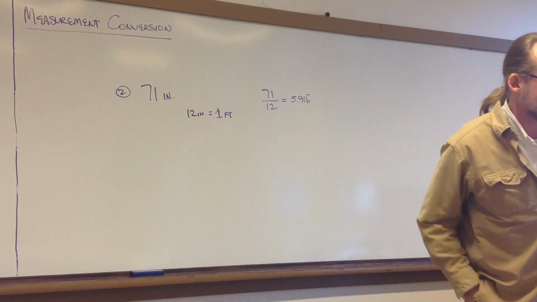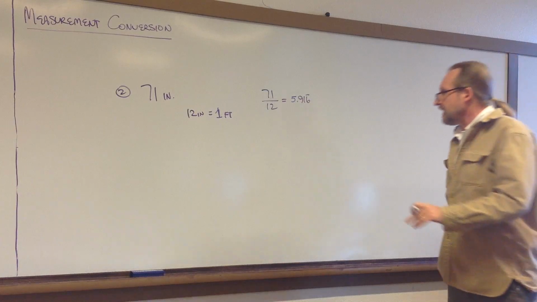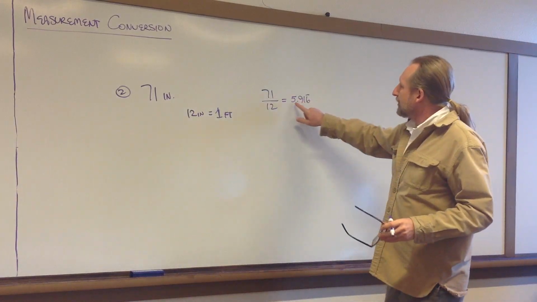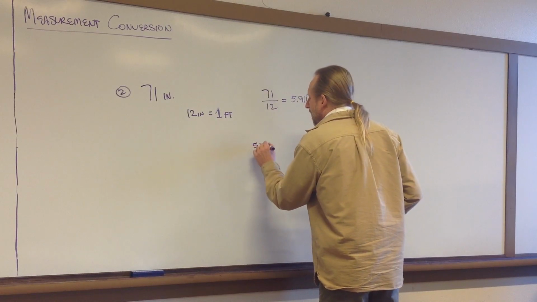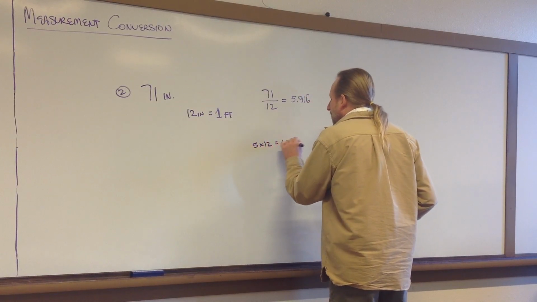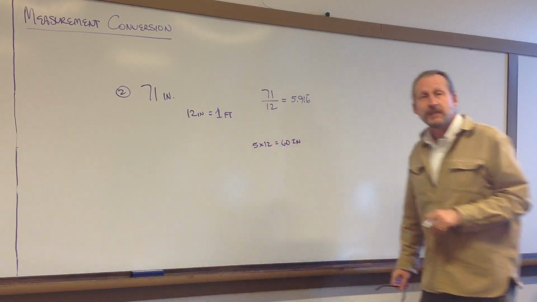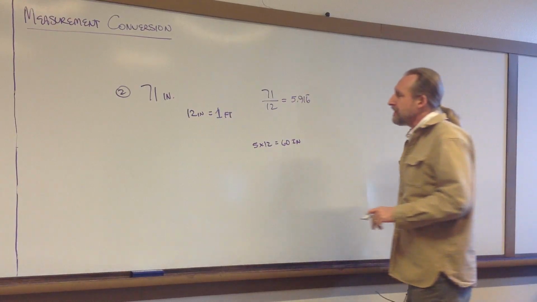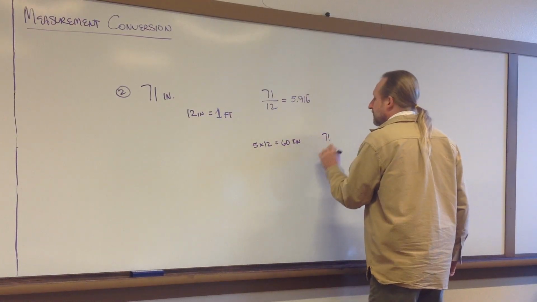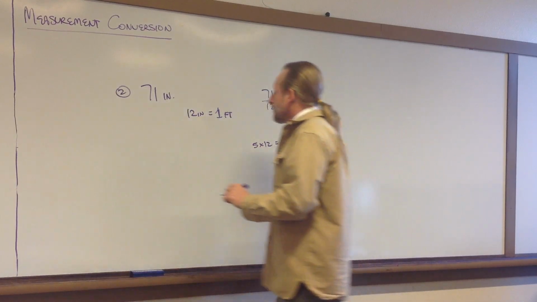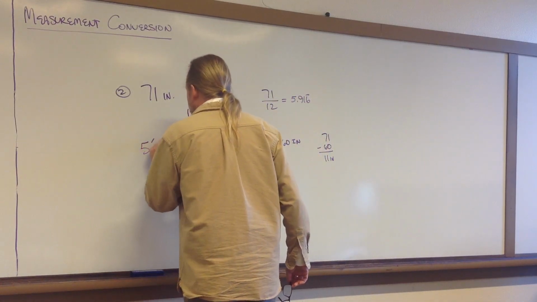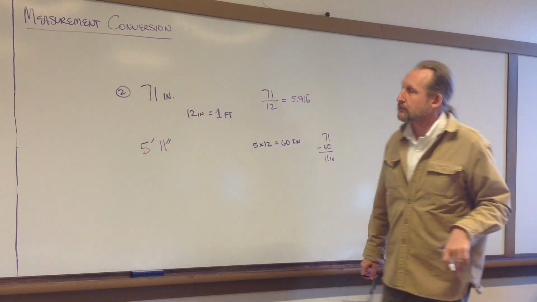It asks for the answer as feet and inches. So we know that there's going to be 5 feet in there. If we do 5 times 12, that means we've got 60 inches for that 5 feet. And then what's left over is 11 inches. So the answer to this question is 5 feet, 11 inches.